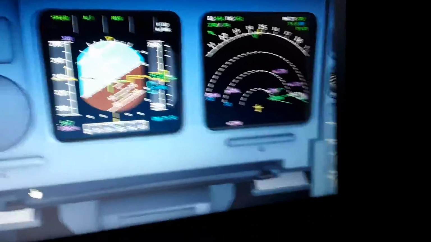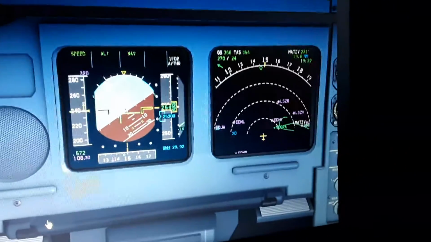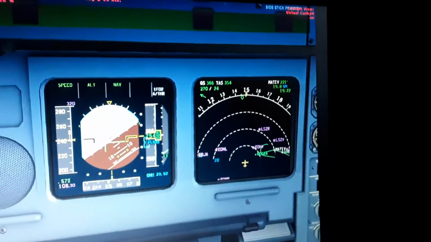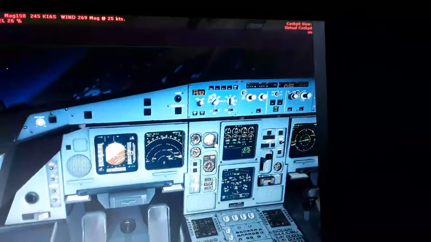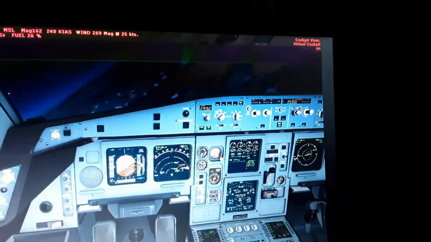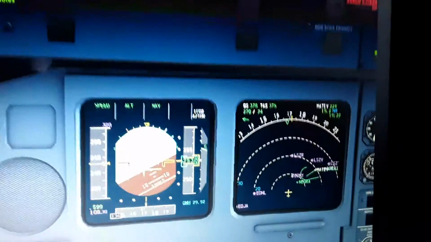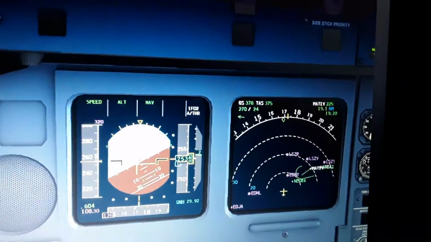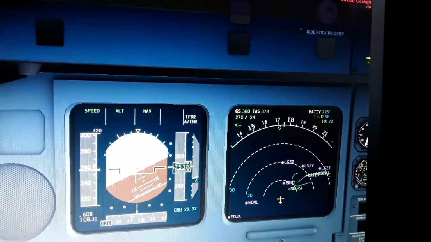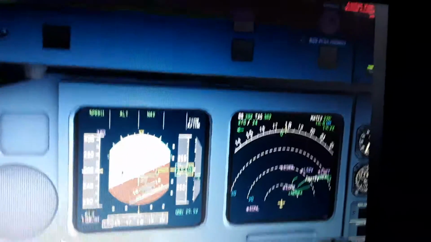You can see how the fly-by-wire system is holding the aircraft, is trimming automatically. If I'm gonna turn up to 33 degrees, there is no need to make corrections. If I exceed the 33 degrees, I can turn up to a maximum bank angle of 67 degrees.